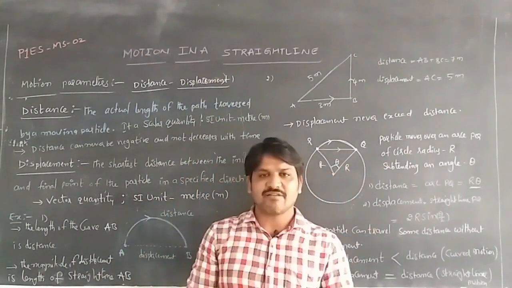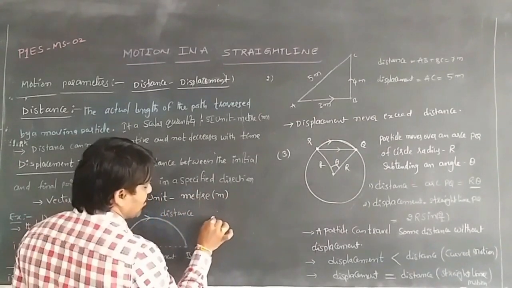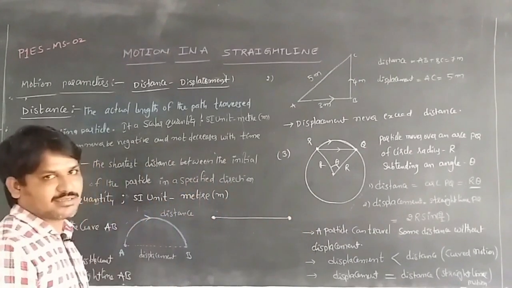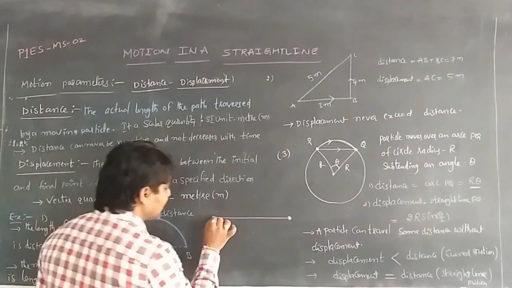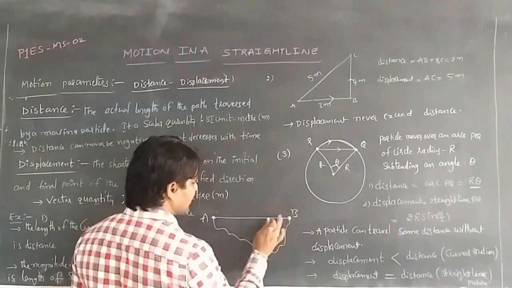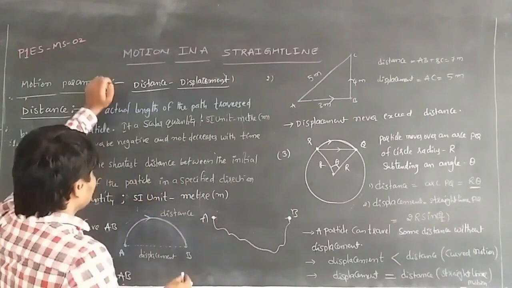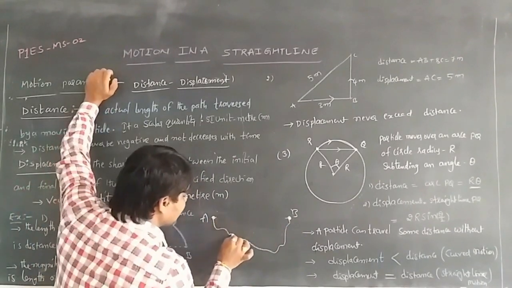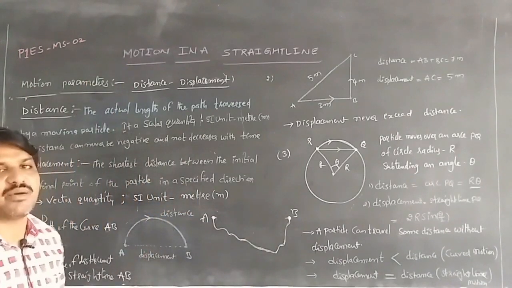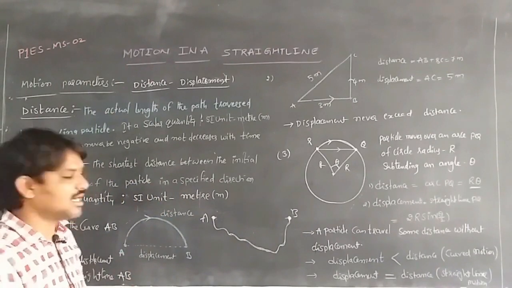What does distance mean? When the body travels from one point to another, either along a straight line or along a different path, from A to B, then the actual length of the path, the total path traversed by a moving particle, is called distance.